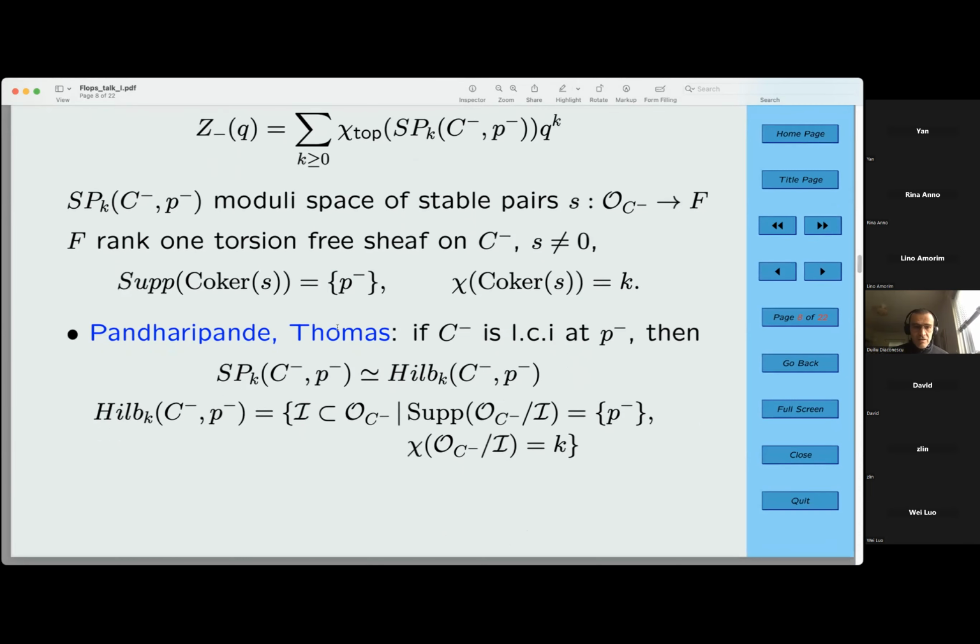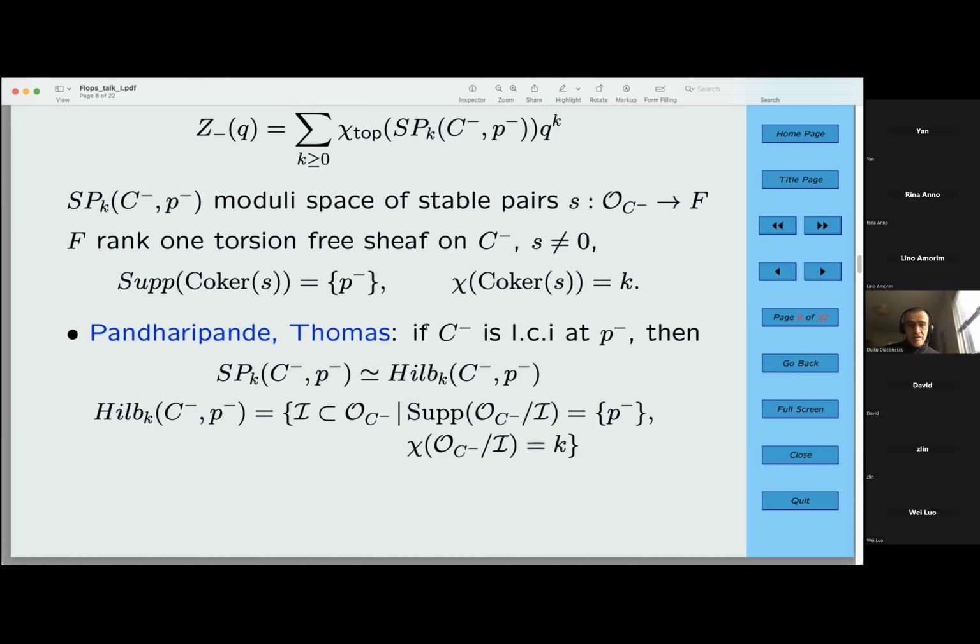And now, using results of Pandharipande and Thomas, if C minus is LCI, which means local complete intersection at P minus, roughly speaking, if it's defined by two independent equations, and only two, then you can prove that this moduli space of stable pairs is isomorphic to the punctual Hilbert scheme of C minus, but only in that case.